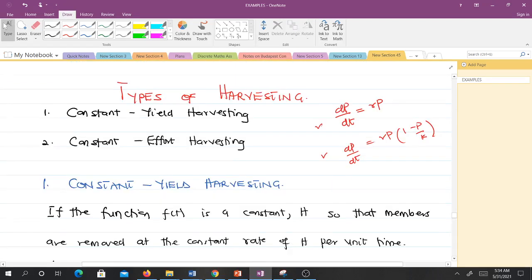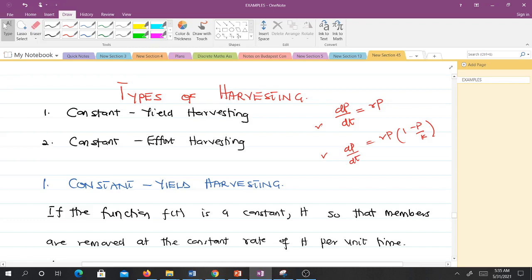You can see these two models are used to estimate the population size of a species. Right now what we're interested in is: what if there is harvesting in a population? We have a population where we harvest some from it, and we want to study the effect of the harvesting on it. That's the reason we are studying the harvesting population model.